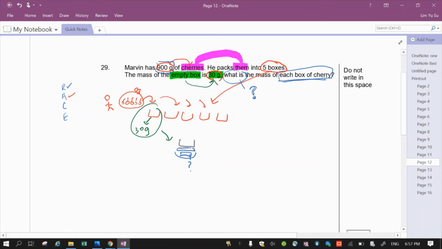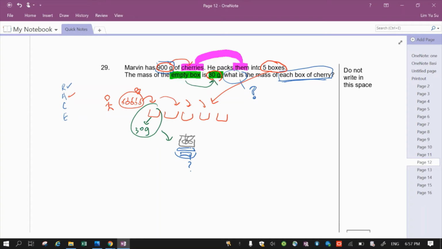So he put the box of cherries onto a weighing scale, and there are some cherries in it. I don't know how many, but there are some cherries in the box. So that's the final weight. If you can get through this process of understanding what went on in the story, you'll be better able to answer the question. So here you go.